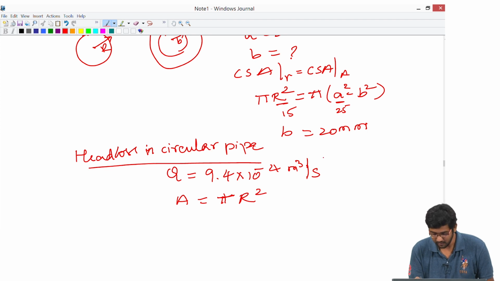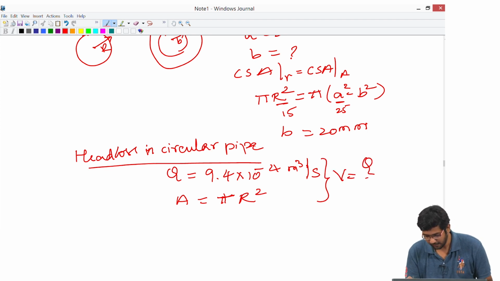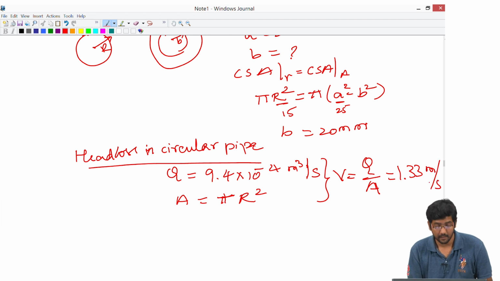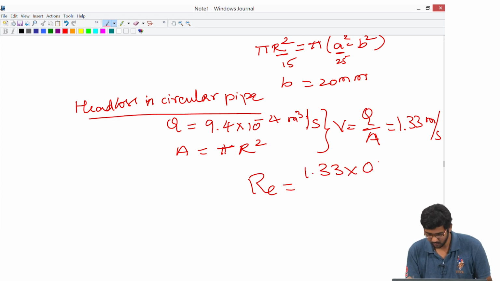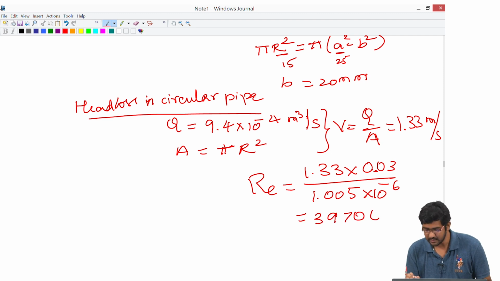From this we can calculate V as Q by A, which gives us 1.33 meter per second. With this information we can calculate the Reynolds number, which is V d by nu, so this is going to be 39,700, and therefore the flow is turbulent in this problem.